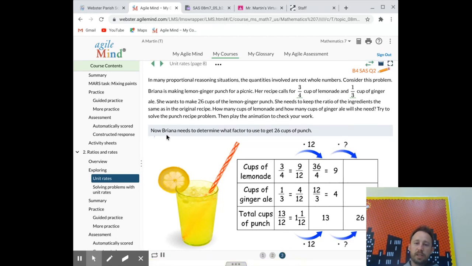Now it says that she wants to determine how much she would need to get 26 cups of punch. So she needs 9 cups of lemonade and 4 cups of ginger ale. So what would she have to do to increase it? What's she going to have to multiply them by?